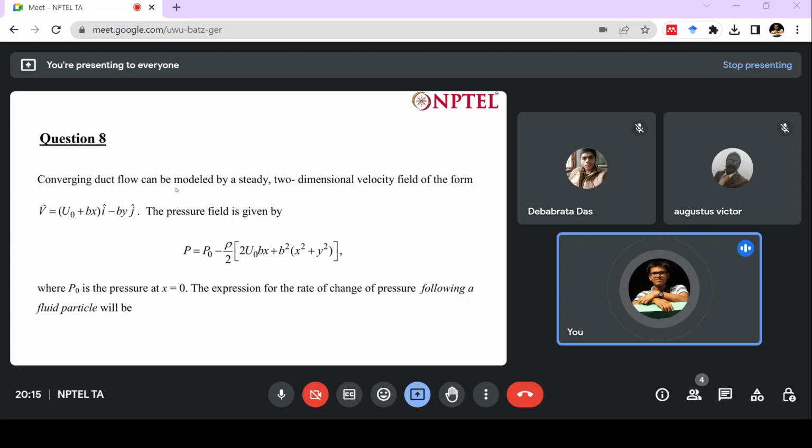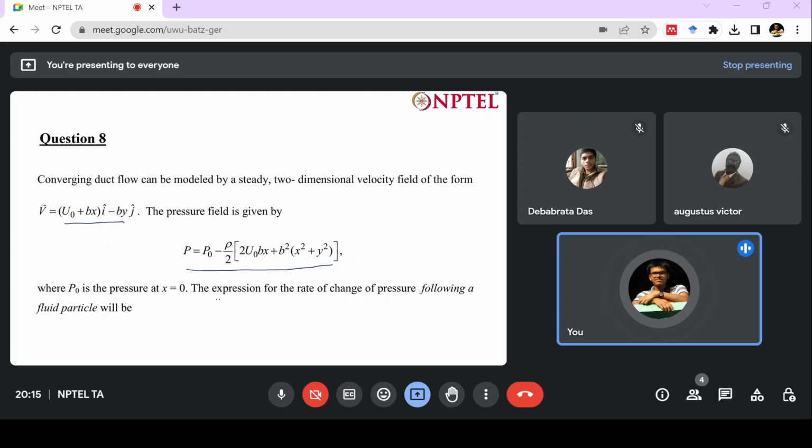Yeah, so let's come to this question. This is probably the last question here. Again, a velocity field is given, but this question is a little bit different. Here, a pressure field is also given.